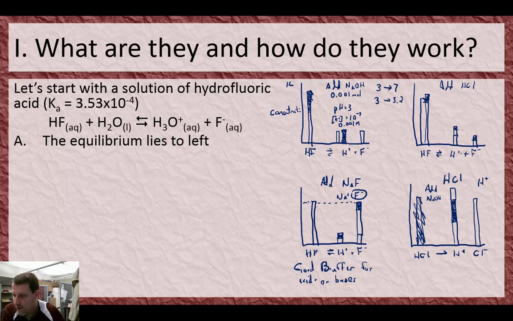So really, Cl- does not stick to H+. So again, even when we add acid, we get the effect we expect. It's not minimized by a buffer. So strong acids and strong bases are not buffers.